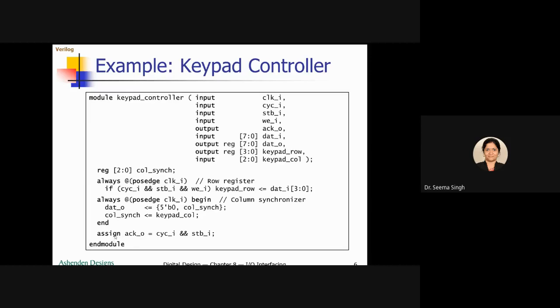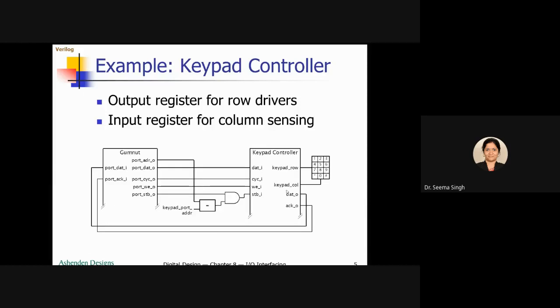What is this? Assign acknowledgement output. Acknowledgement output is what keypad controller is giving, and that will be given when cycle and strobe, both of these are activated. When these two are activated, it means we have started using the keypad controller. That means now keypad controller is into work.